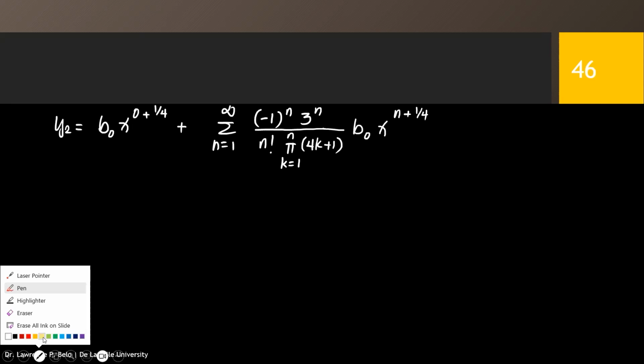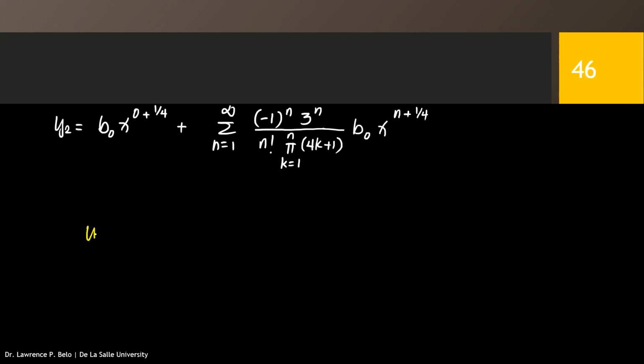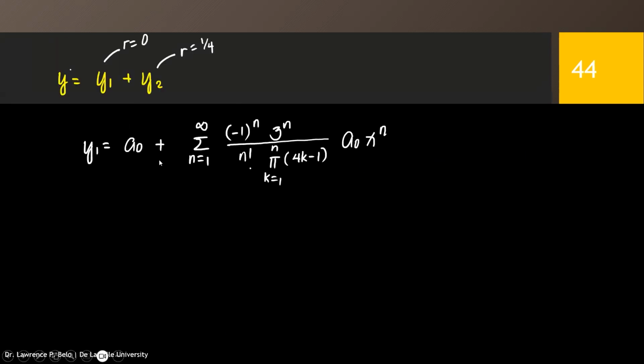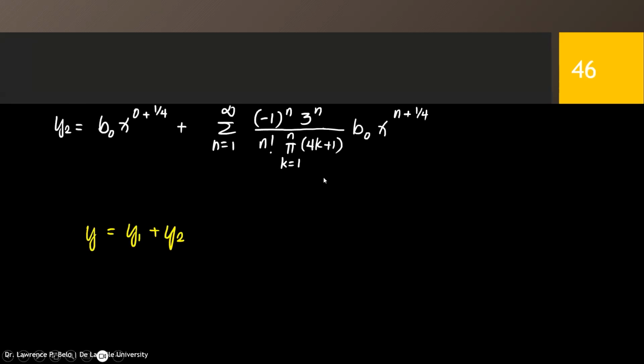And do take note that eventually y is y sub 1 plus y sub 2. Again, your y sub 1 is this one, and then this is your y sub 2.